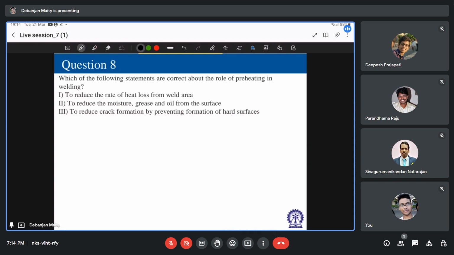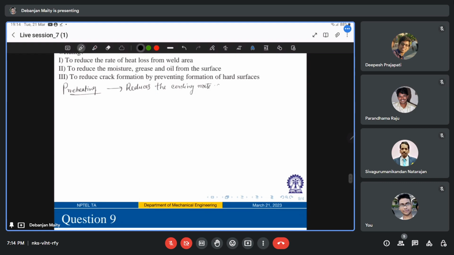So preheating reduces the cooling rate of the weld and drives out moisture, which in turn helps to prevent hydrogen buildup, which is a potential cause of cracking, right?